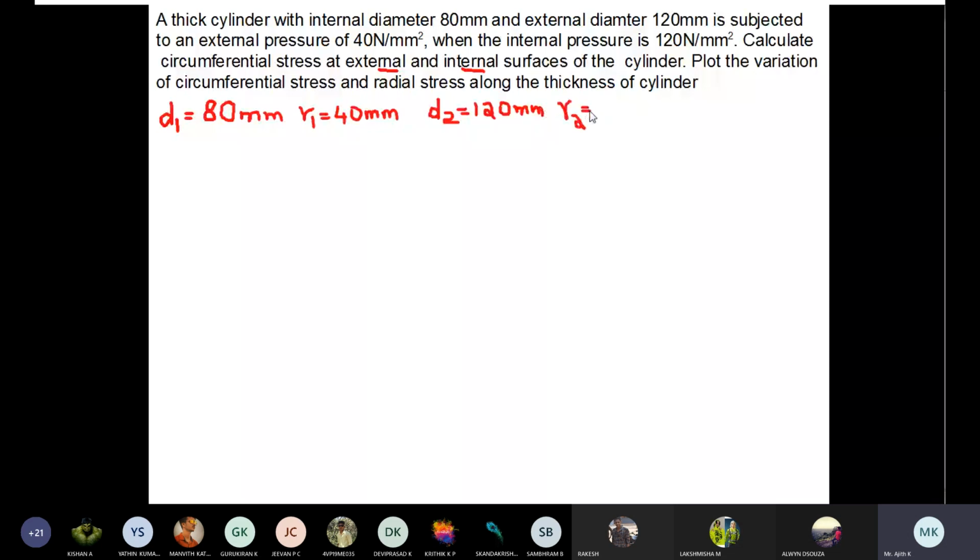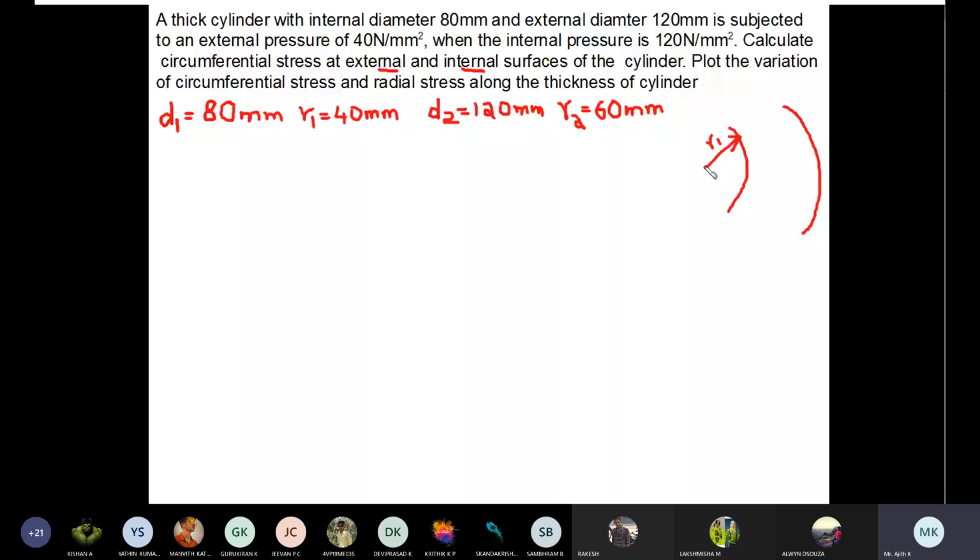Sometimes instead of giving external diameter, they will give you thickness of cylinder. So using internal diameter and thickness value, you have to find out what is external diameter. If you consider one cylinder portion like this, this is the internal radius R1.